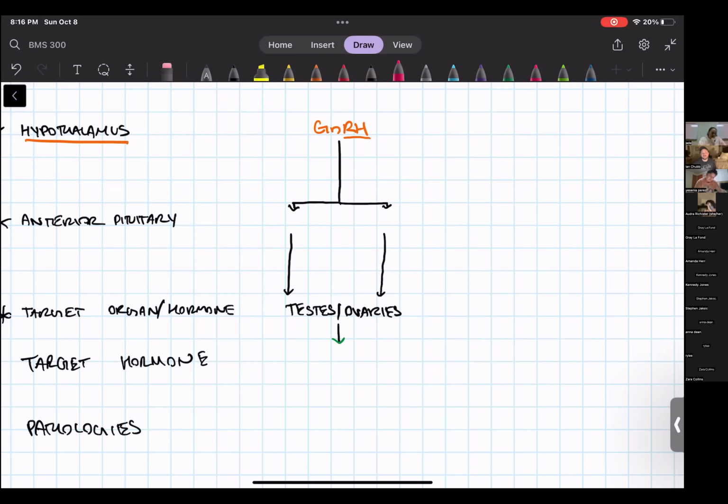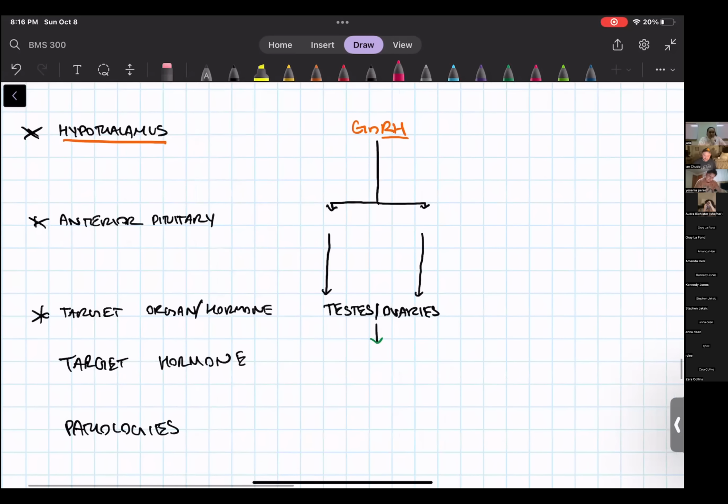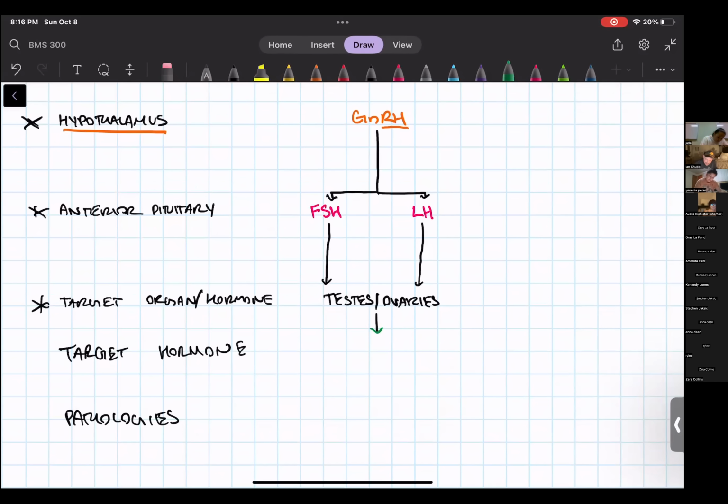Cool. What are the 2 hormones that this causes to be released from the anterior pituitary? Follicle stimulating hormone and luteinizing hormone. Perfect. And both of these actually act on testes and ovaries, depending on what you have.